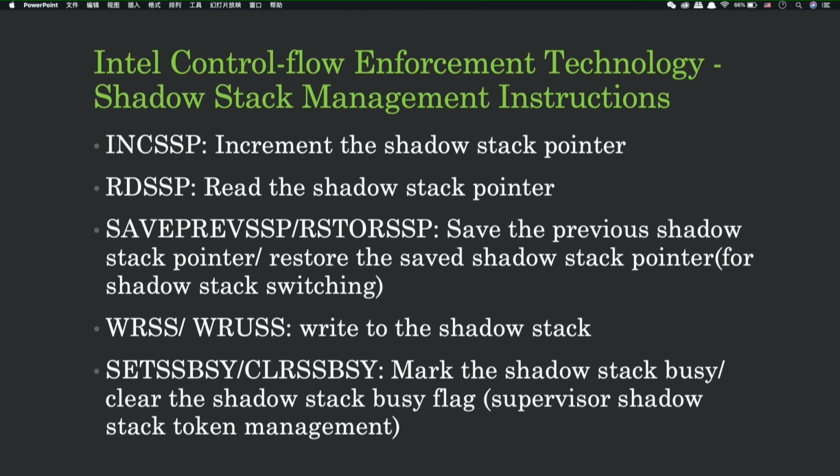As we know, different programs, processes, and tasks are running at the same time on the CPU, so each of those will have its own shadow stack. When the task switches, we have to switch to a new shadow stack. SAVEPREVSSP and RSTORSSP are used for shadow stack switching, so that it can switch to a new shadow stack that can be used for the new task.